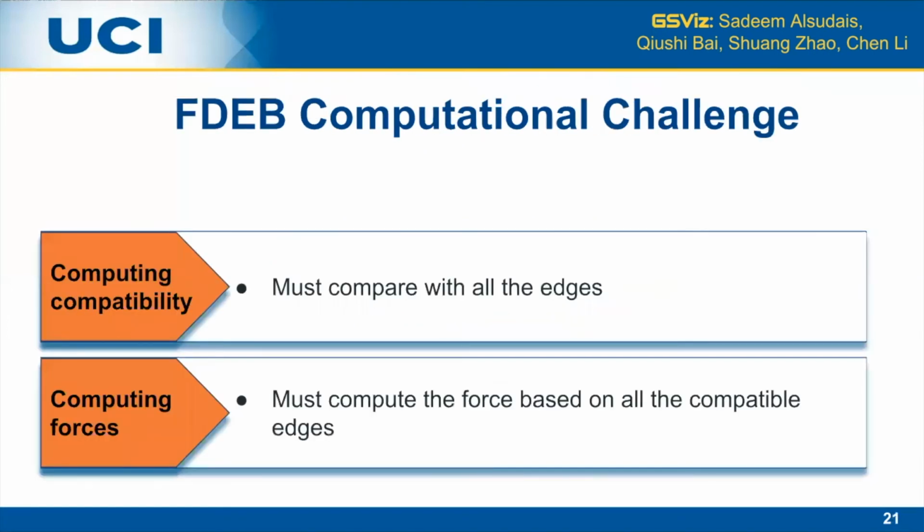While this technique nicely reduces the clutter, it is slow due to 2 expensive steps. The first is computing the compatibility with all previous edges from all batches, and the second is using all compatible edges to drag the forces.